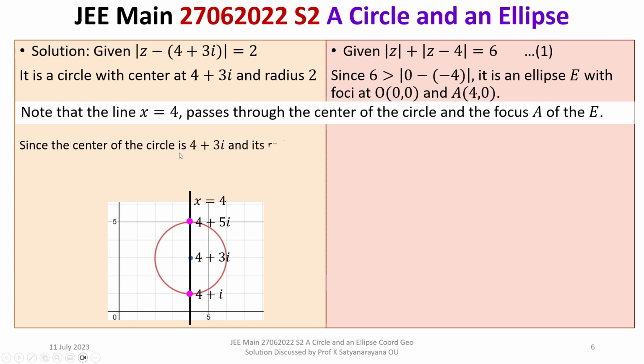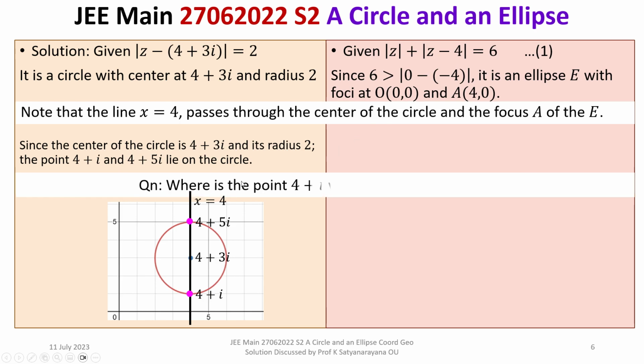Since the center of the circle is 4 plus 3i and its radius is 2, the points 4 plus i and 4 plus 5i lie on the circle. In fact, they are the end points of one of the diameters, on x equal to 4.